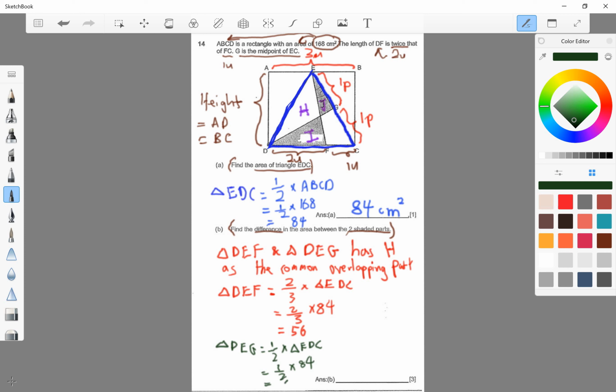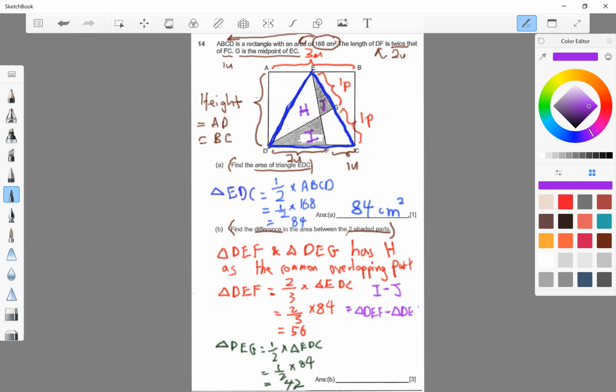Okay, 42. And if we want to find the difference in the area between the two shaded parts, meaning if I want to find I minus J, which is the last part of the question, I need to subtract the smaller part from the bigger part. That is the same as using triangle DEF to subtract away triangle DEG.